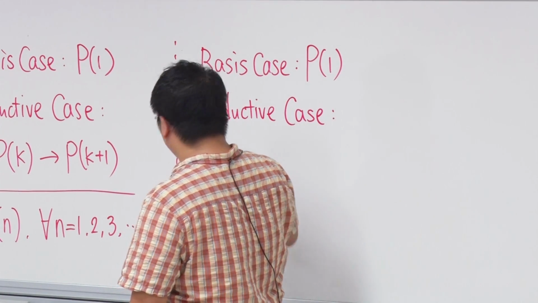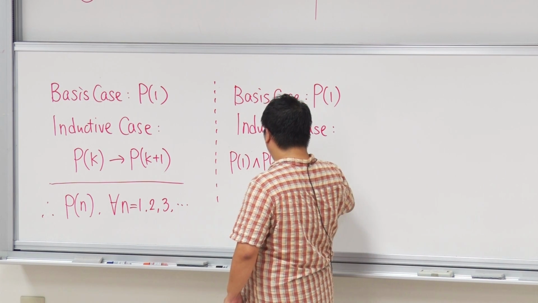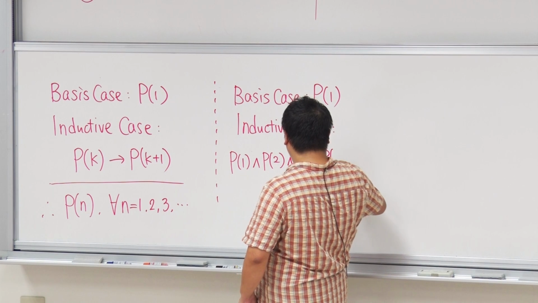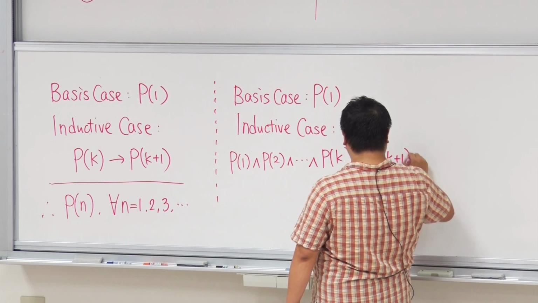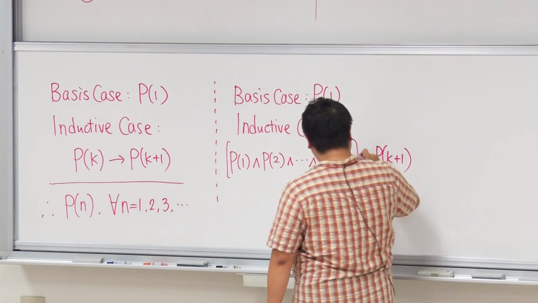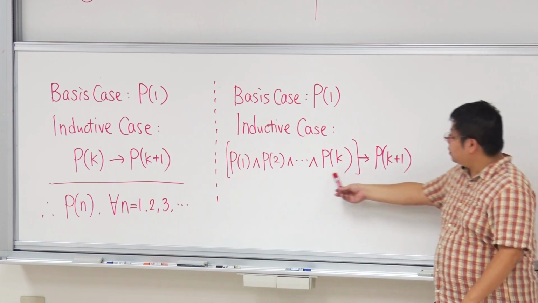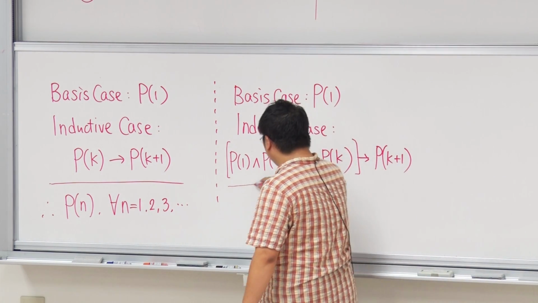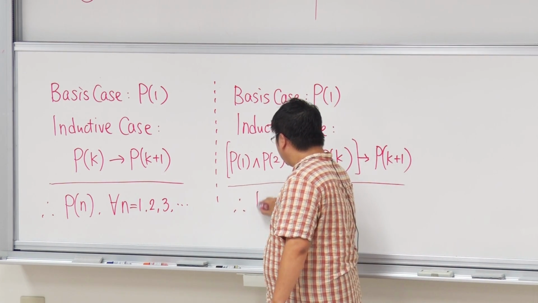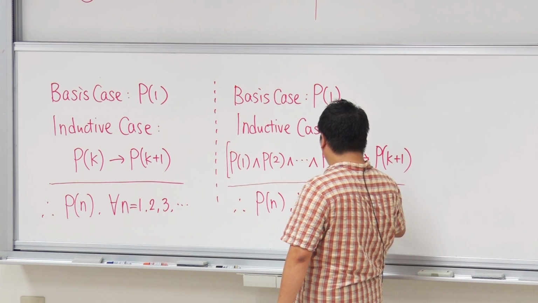Let's say you assume that P1 is true, P2 is true, up to Pk is true. Then you show that under this assumption, Pk plus 1 is true. Then, again, we will still be able to show that Pn is true for every n equal to 1, 2, 3.